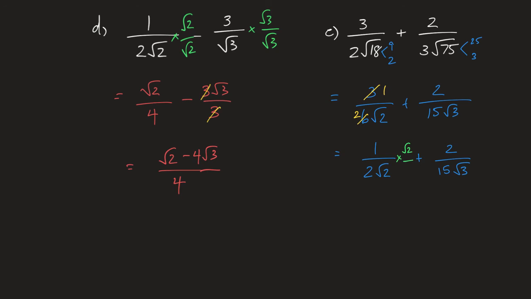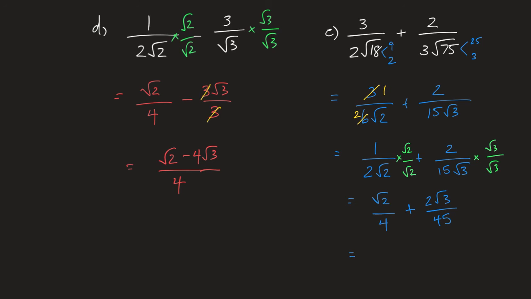Now, we made this look an awful lot like problem D. So I'm going to multiply top and bottom by the least amount I need to be able to rationalize. That's going to make my whole first fraction a root 2 over 4. And then my second fraction is going to become a 2 root 3 over 15 times 3, 45.